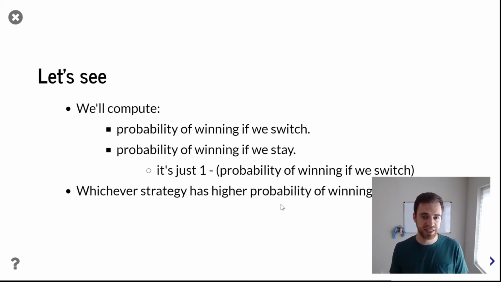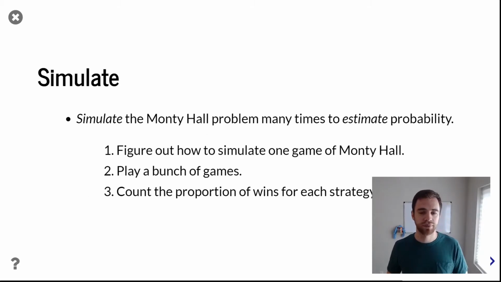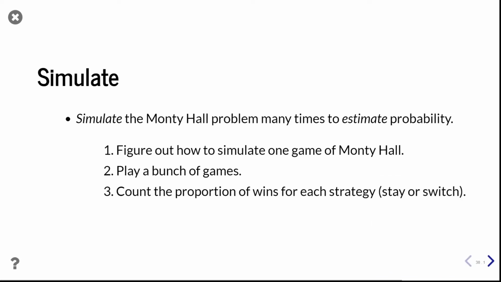Whichever strategy has the higher probability of winning is the better strategy to use. Okay, how do we calculate these probabilities? I'm going to simulate the problem many times to estimate the probabilities. So first, I want to figure out how to simulate one game of Monty Hall, then play a bunch of games, and then count the proportion of wins for each strategy.